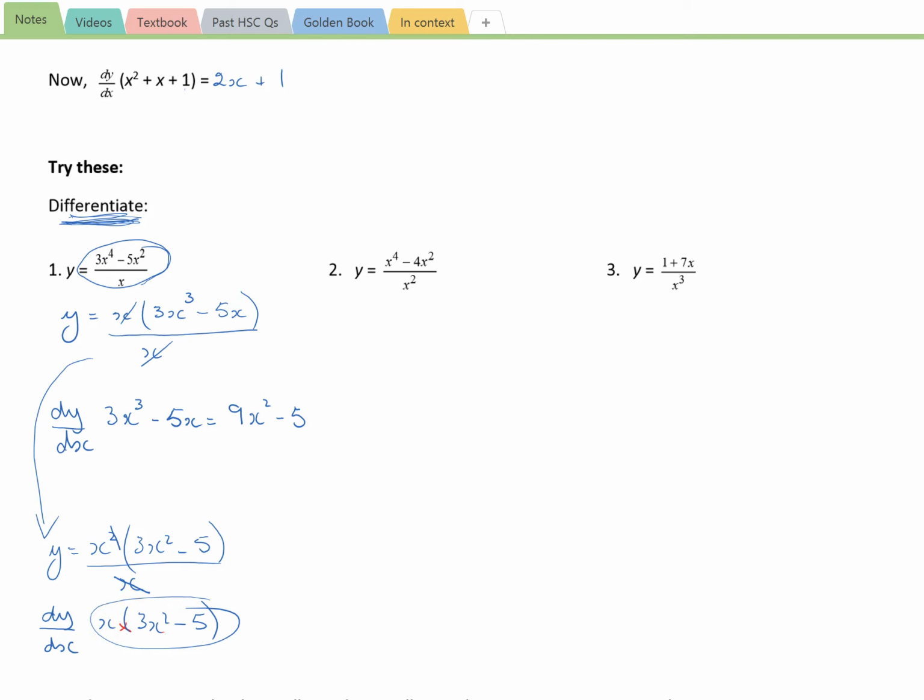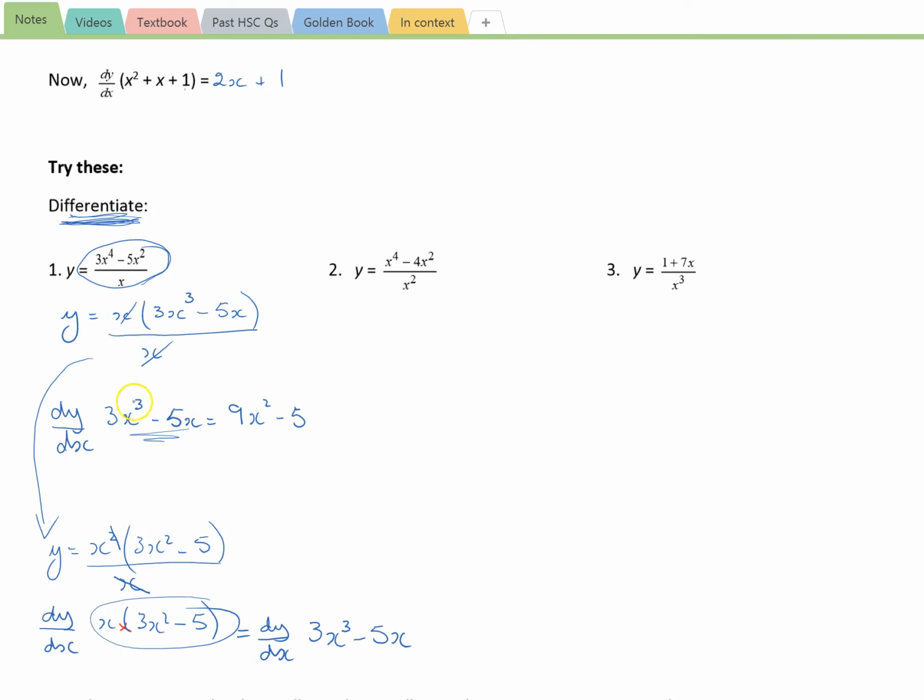However, we could get around it by saying that is just the same as dy/dx of, expand the bracket out, and you get back to your 3x cubed minus 5x, which is what I've got there, because I only took the x out and I was left with 3x cubed minus 5x.